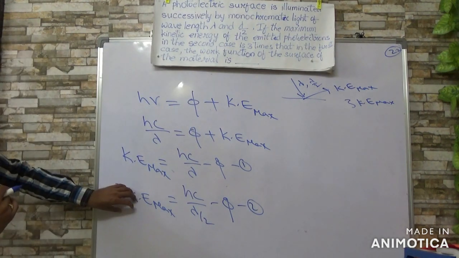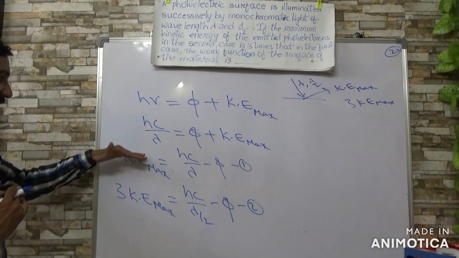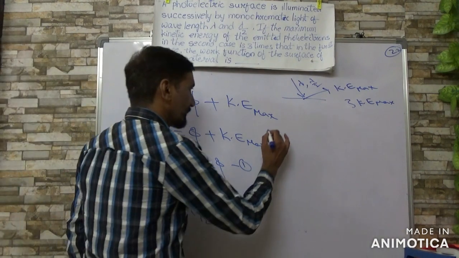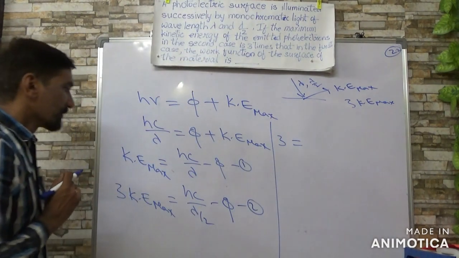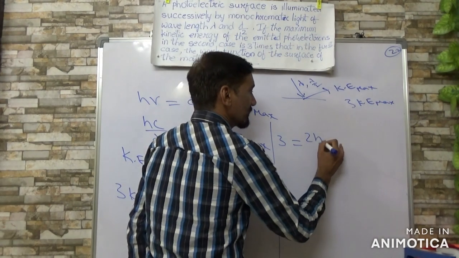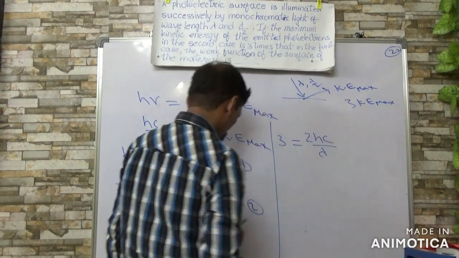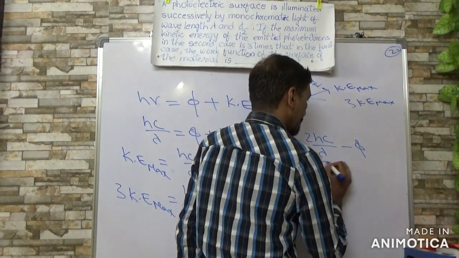Now divide the second one by the first one. So KE cancels, now 3 is equal to, hc by lambda by 2 means 2hc by lambda, minus work function, by.